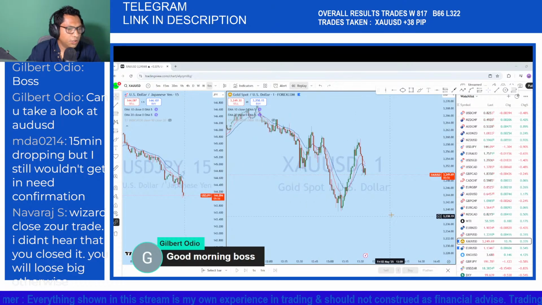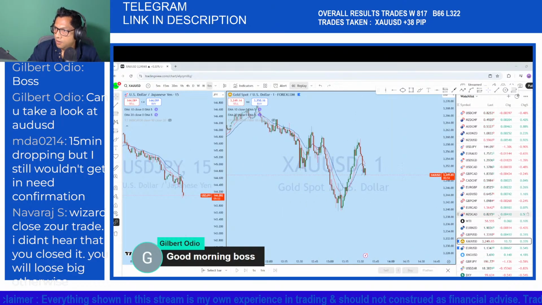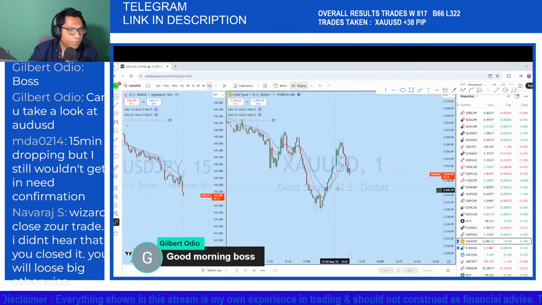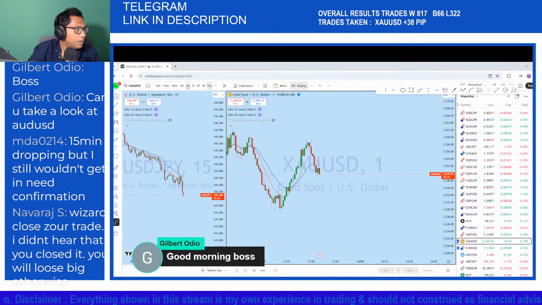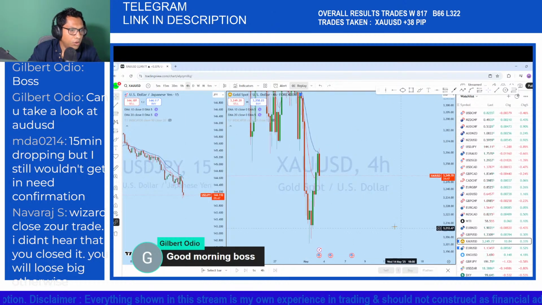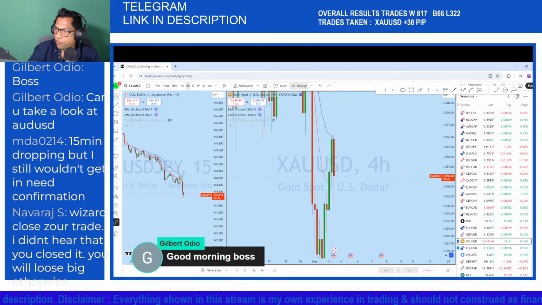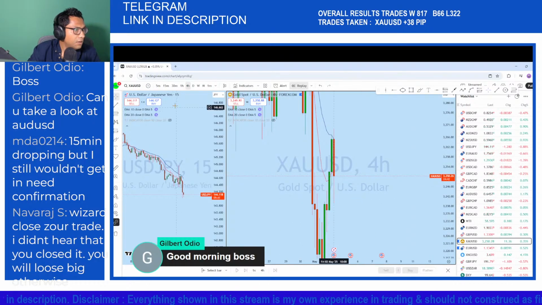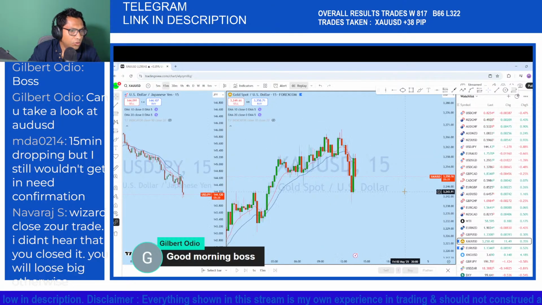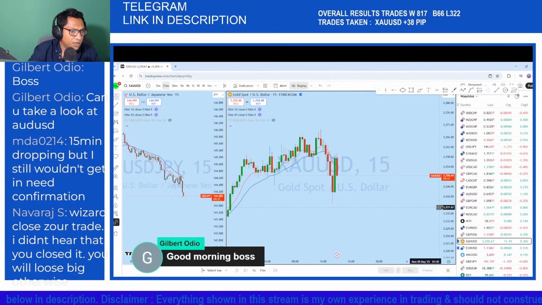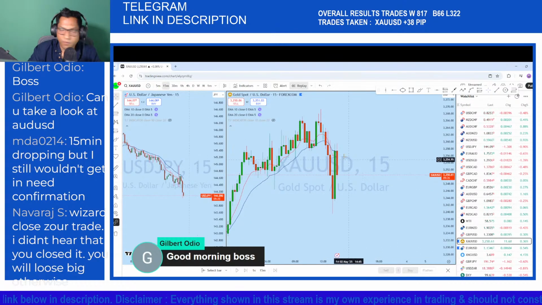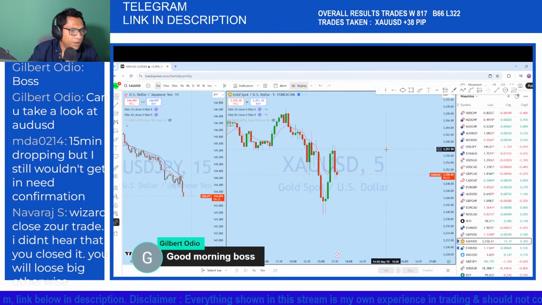Okay, so it's remaining bearish. From the 4-hour we can see that the market candle may come back here for another retest, so the market may remain bearish here.